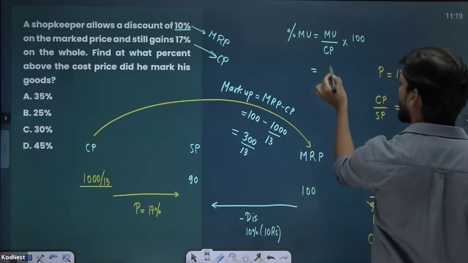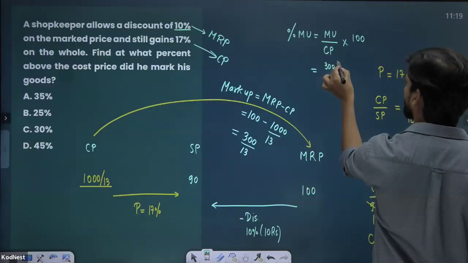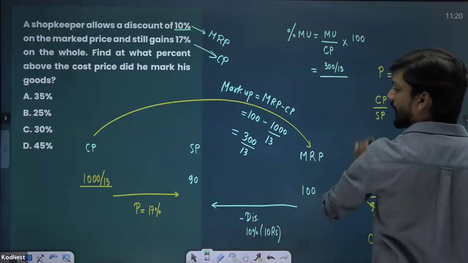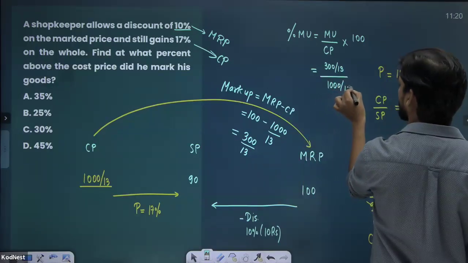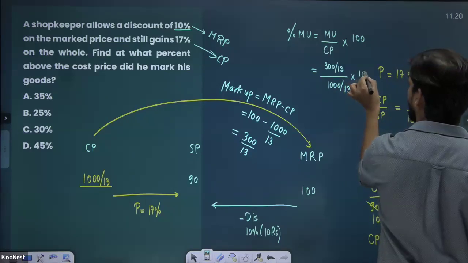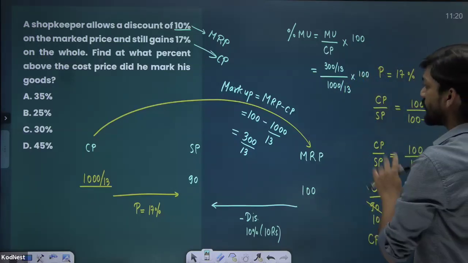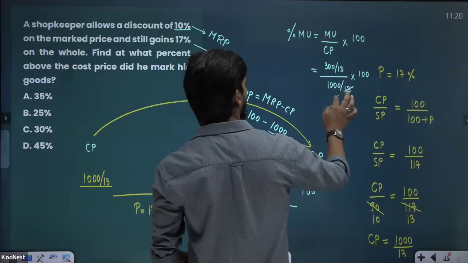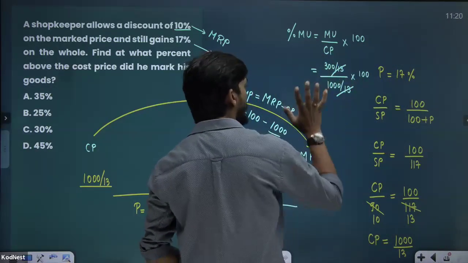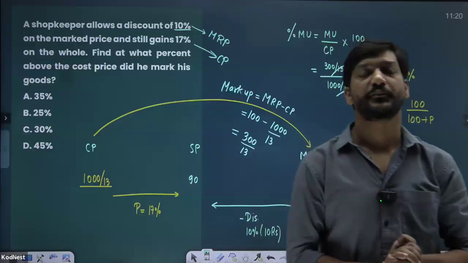Markup is 300 by 13. Cost price is 1000 by 13, into 100. Okay, this is what I will get. Solving this, 13, 13 will cancel, 30% I will get as my answer.